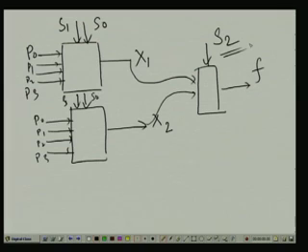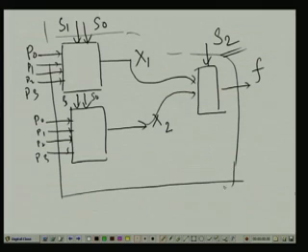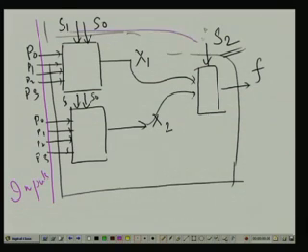So, this F will be the overall, that means see there are 8 inputs, 3 select lines, so these are my inputs, these are my select lines, this is my output.